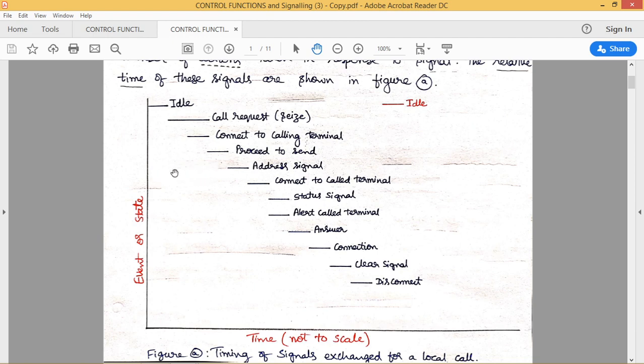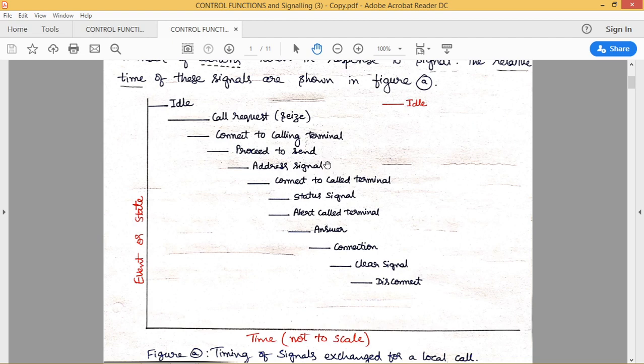The calling person enters whom he wants to call, and after entering the address, a signal is sent to the exchange. That is what the address signal is.